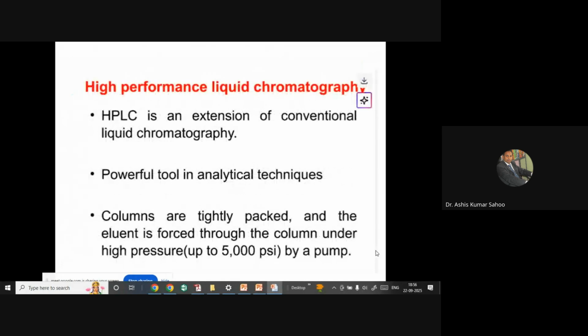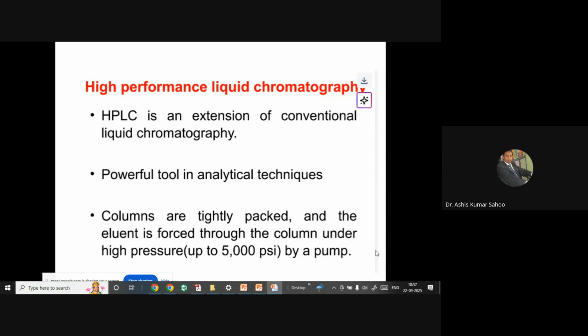So HPLC is an extension of conventional liquid chromatography, an advanced phenomenon of liquid chromatography. It is a powerful tool in analytical techniques. Columns are tightly packed and the solvent is forced through the column under high pressure.